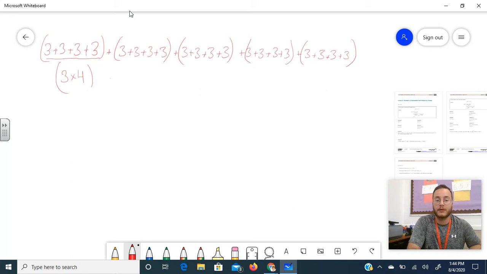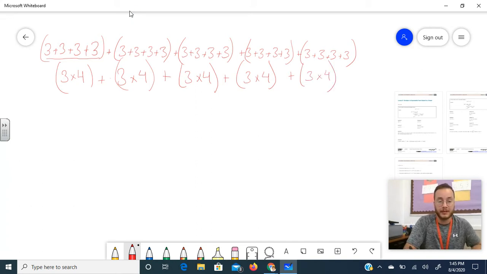And the same thing goes over here. This is all 3 plus 3 plus 3 plus 3. So this is 3 times 4 in this bracket, plus another 3 times 4, plus another 3 times 4, plus another 3 times 4, plus another 3 times 4.